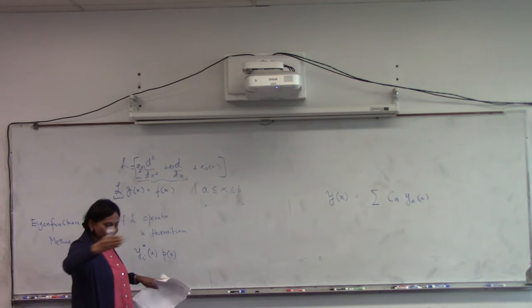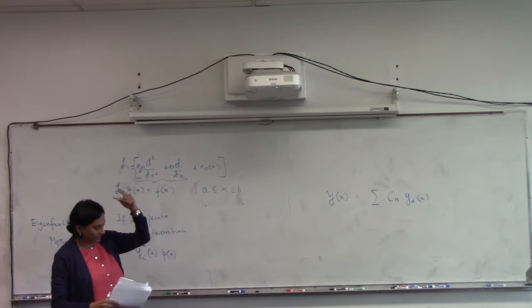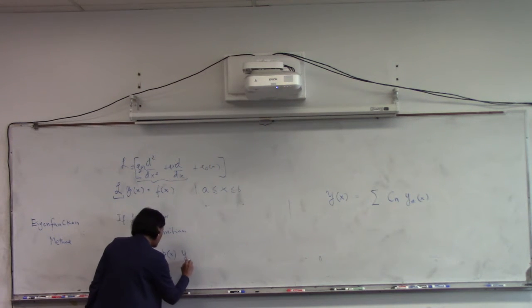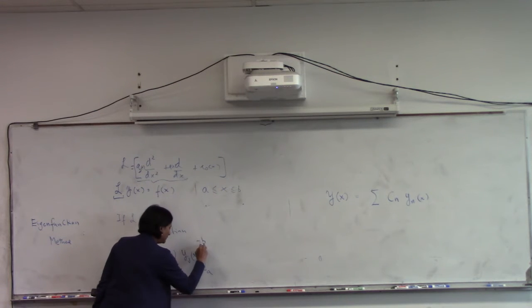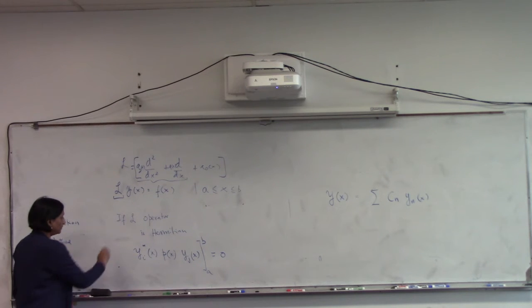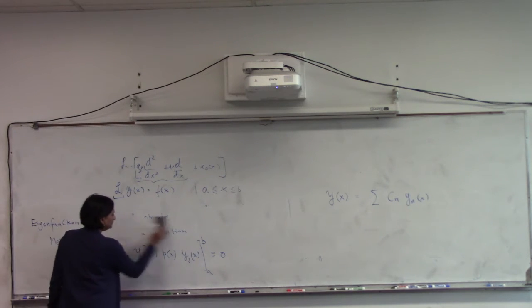P of x for us in the Frobenius series was what we had to divide through by. It is the coefficient of the second derivative term, yj, evaluated between a and b. It has to satisfy this condition for the operator L to be Hermitian.